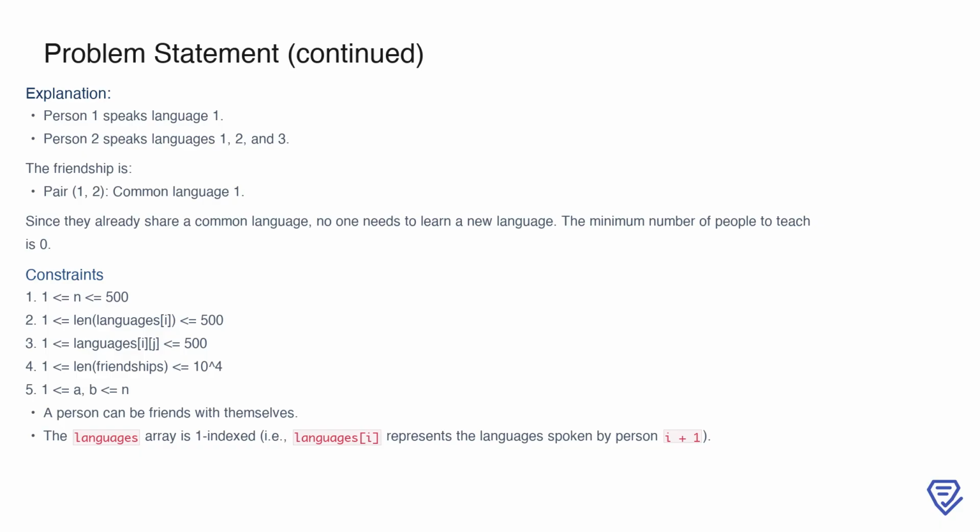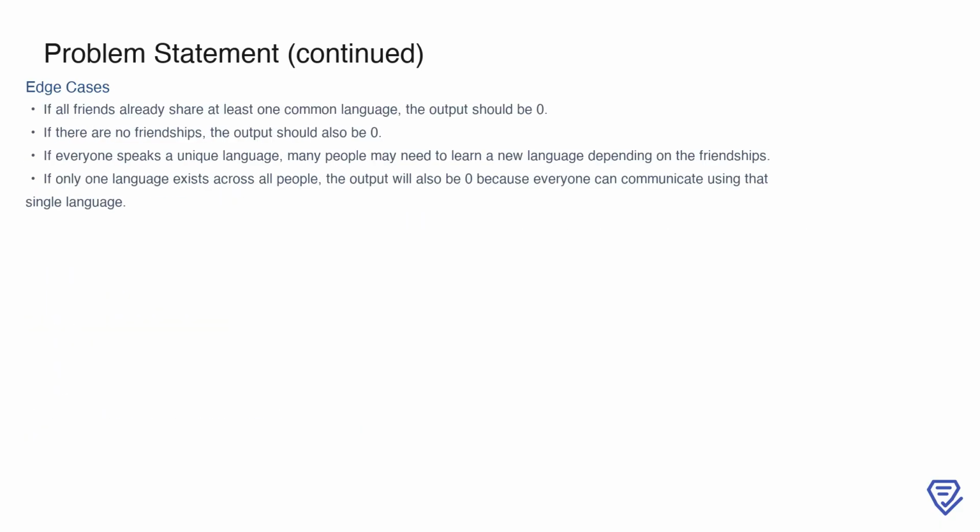Let's go over the problem's constraints next to ensure we understand the boundaries of the input and output. This problem comes with several constraints and edge cases worth noting. For instance, if all friends already share at least one common language, the output will be 0, since no one needs to learn anything new. Similarly, if there are no friendships in the network, no one needs to learn a new language, and the output will also be 0.